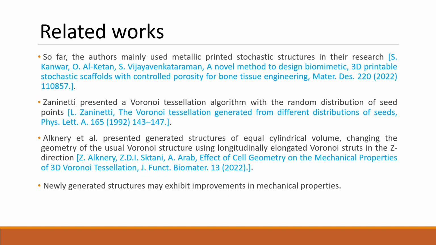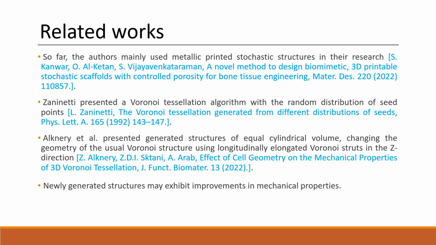So far, the authors mainly use metallic printed stochastic structures. In their research, the production parameters of samples produced by powder bed fusion affect their mechanical properties. It proposed a modified isotropic stochastic structure that has equal stiffness in all directions, overcoming the limitations of the powder bed fusion method with the aim of application for small components in the field of biomedicine.